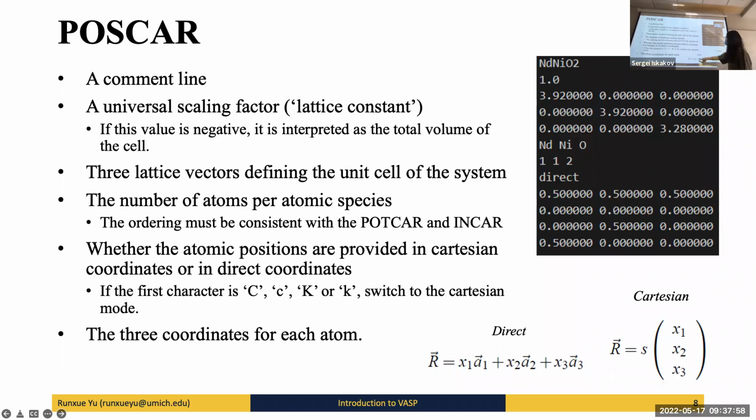Yeah, because you have identified the lattice vector here, and then this is your atom position, and this one should be exactly your atom position, and this will be x1, x2, x3. Yeah, and your A1, A2, A3 has been defined here. Okay.